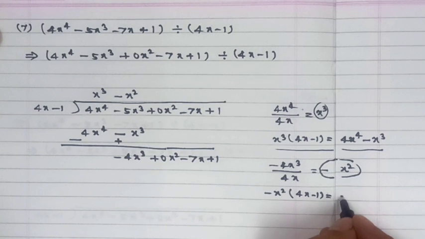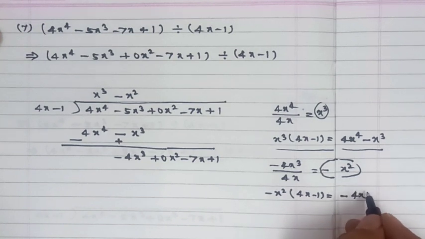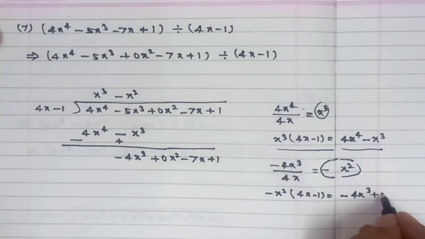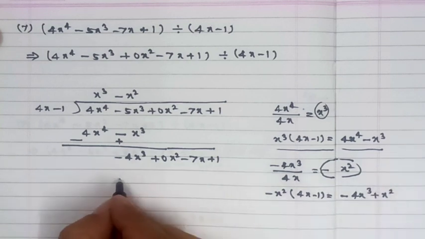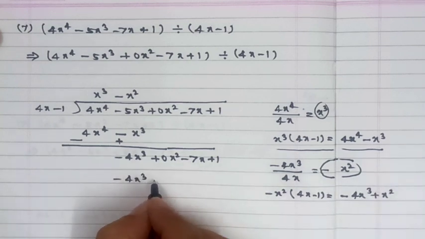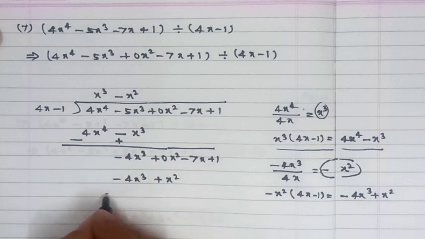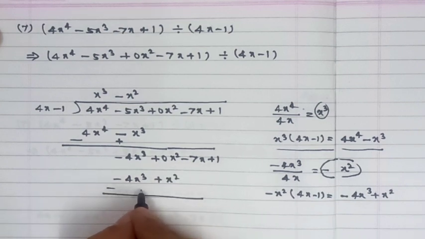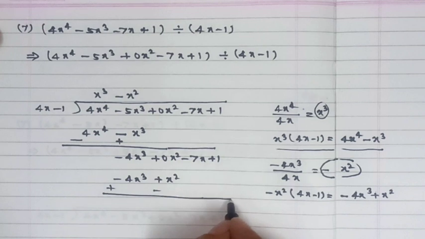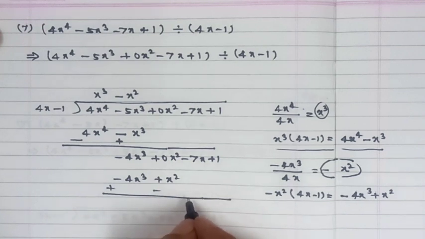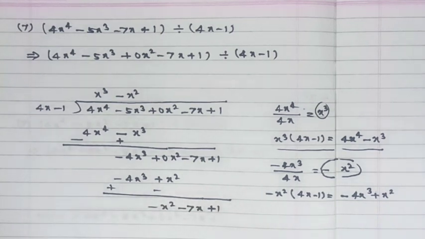You will get minus 4x cube plus x square. So write here minus 4x cube plus x square. Subtract, sign changes, and you will get minus x square minus 7x plus 1.